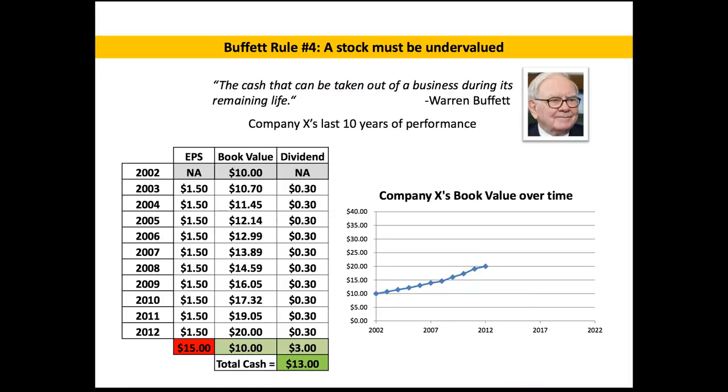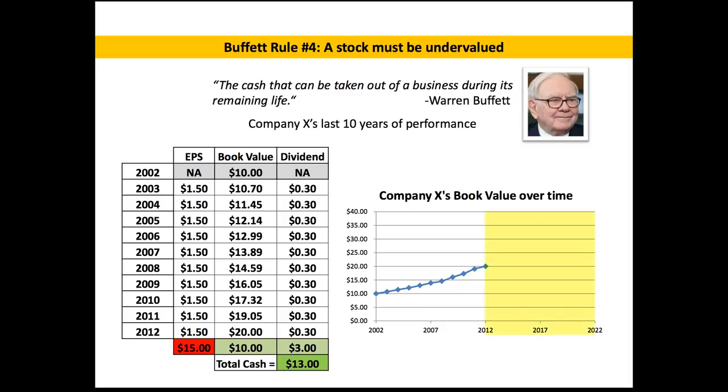So when we plot this, over on the right-hand side, you can see that I plotted the book value from 2002 to 2012. You can see that's a really nice linear-looking graph. And so what we're trying to do when we're trying to figure out the intrinsic value is estimate how this book value is going to grow over the next 10 years.